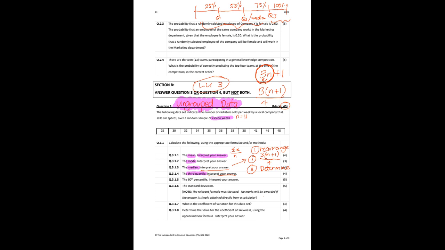Once it is in order, then you're going to calculate the position, which is calculated as p multiplied by n plus 1 for your ungrouped data. Once you have that, you're then going to determine your value. Now here, when you get to your position, you're going to have to do a little bit of a calculation first before you get to your percentile.